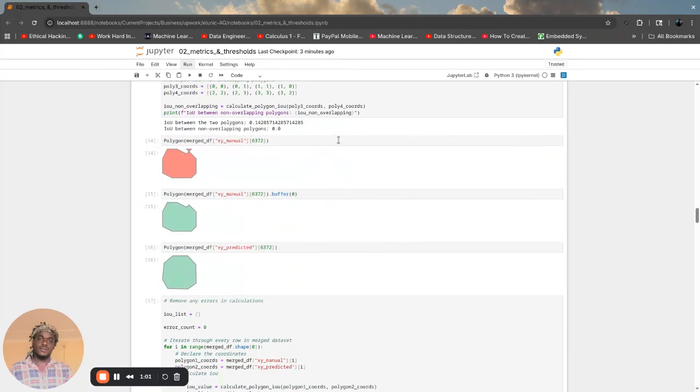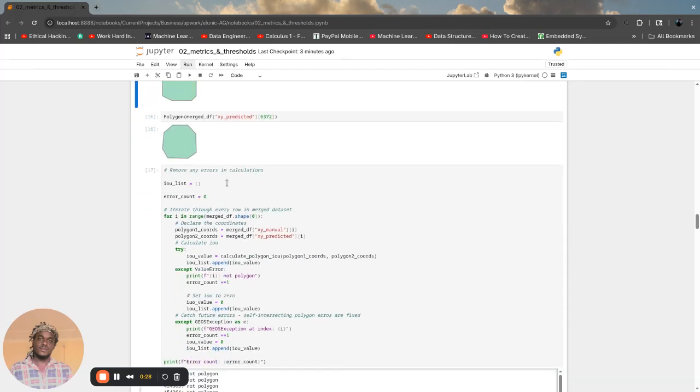After creating the polygon, there were polygons that had intersecting parts, so I had to buffer it to match the intersecting part and remove this extra part so that we can calculate the area and find the margin, because this is not a polygon. This is a clear polygon. See, so this was just some cleaning that I had to do.